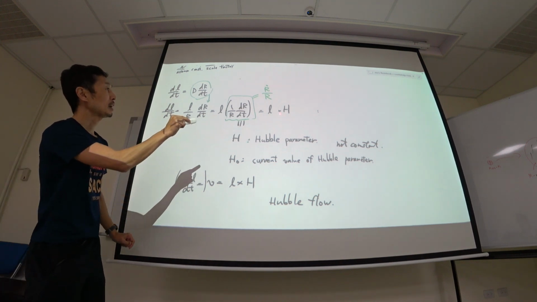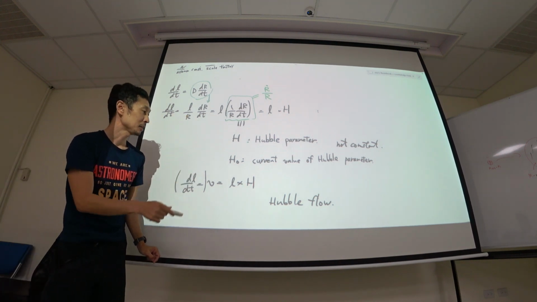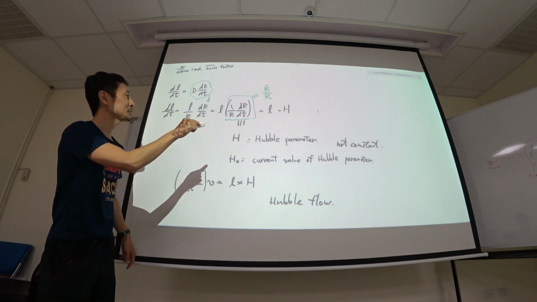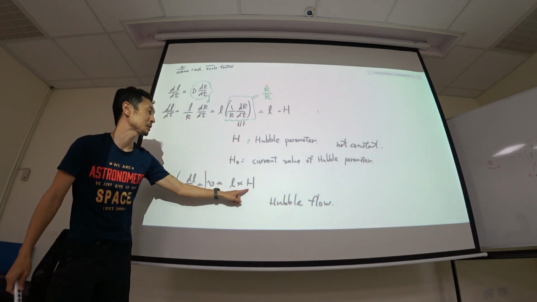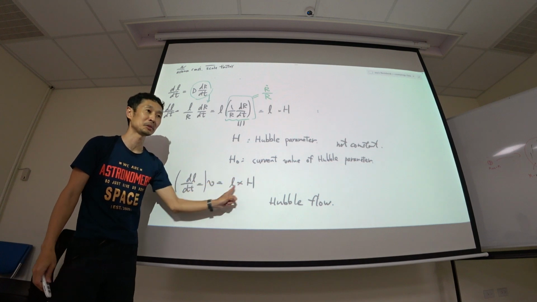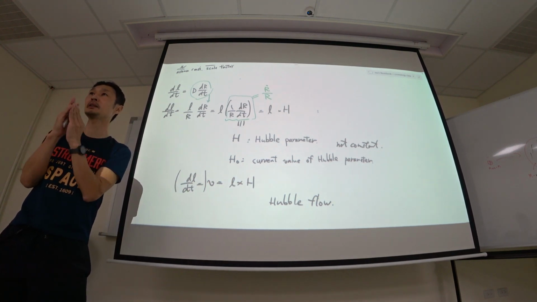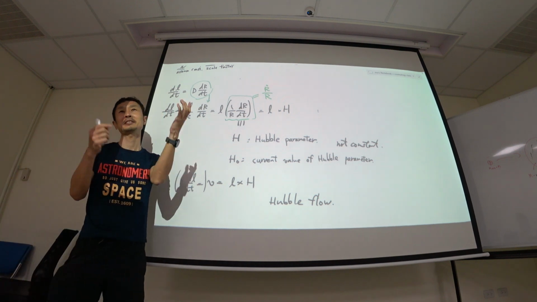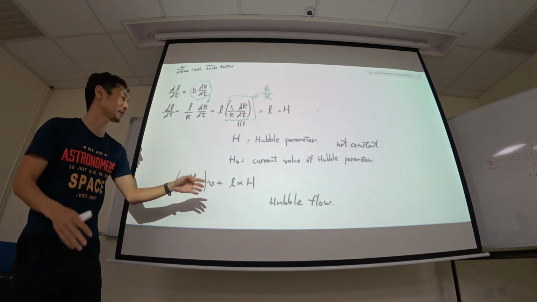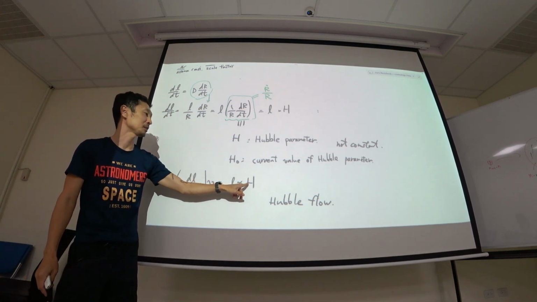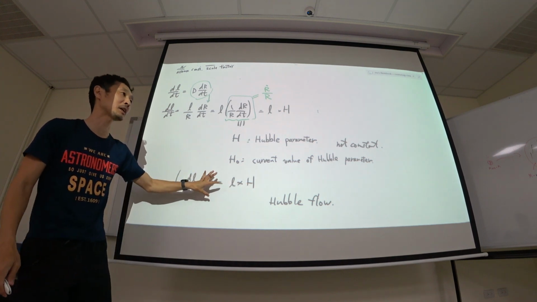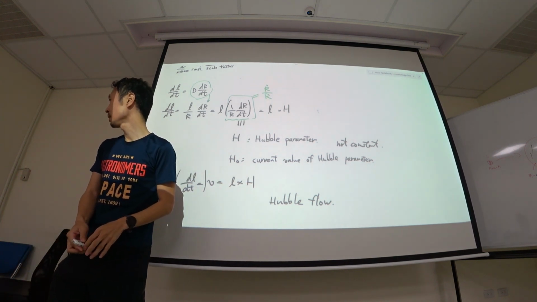Of course, this Hubble parameter is not constant. So when you go to higher redshift or a very distant universe, it is not a constant, so you cannot use this. But in a very small time interval of the very nearby universe, you can regard it as a constant. And this is what Edwin Hubble discovered.